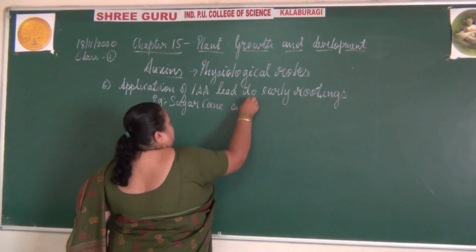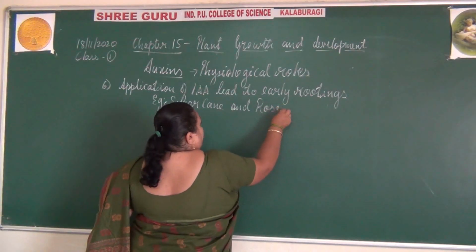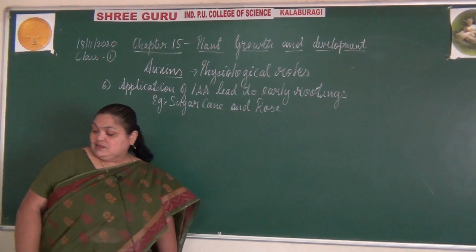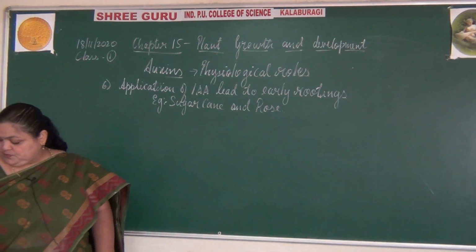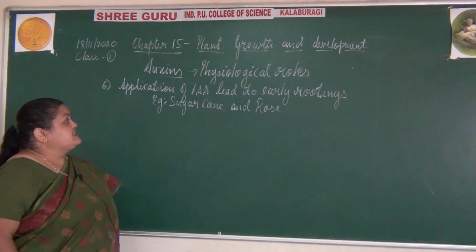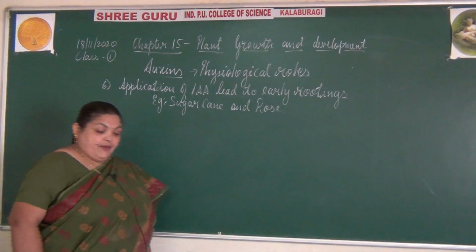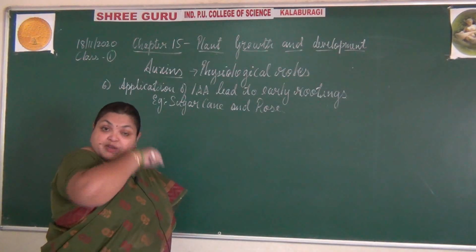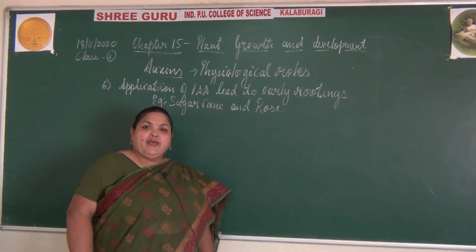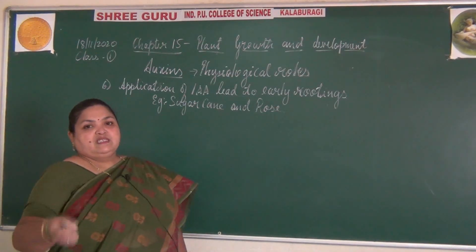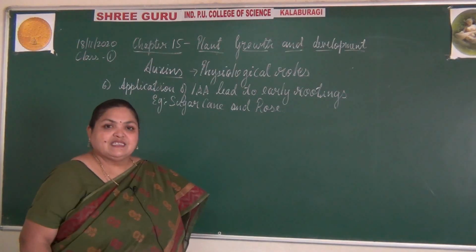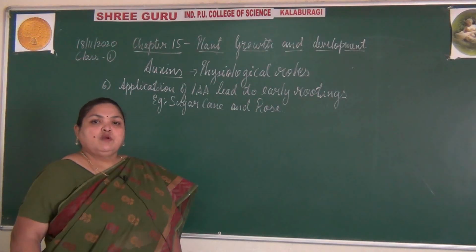and rose. Their reproduction is by the cutting process or the stem cutting process, where the stem itself, the culm itself, is used as a seed for vegetative propagation.